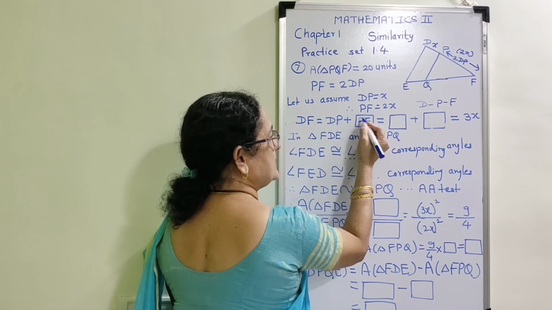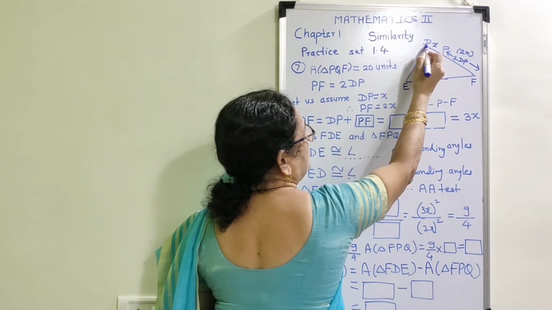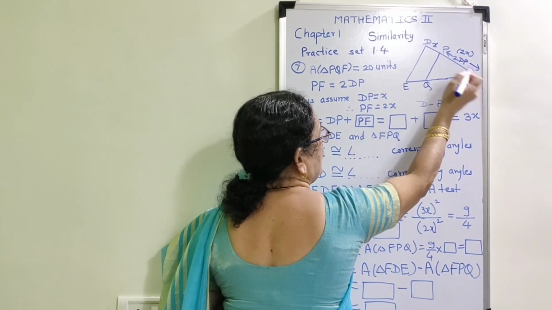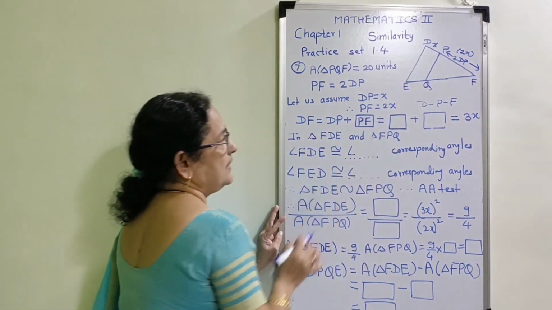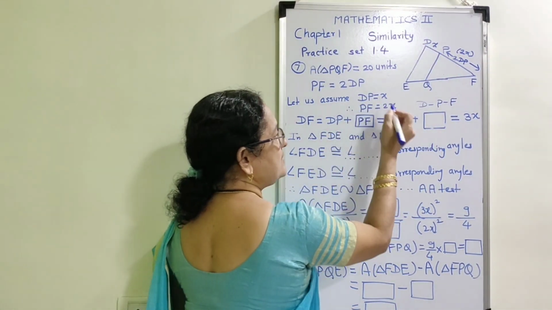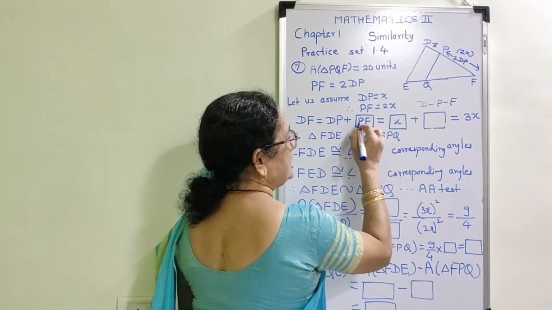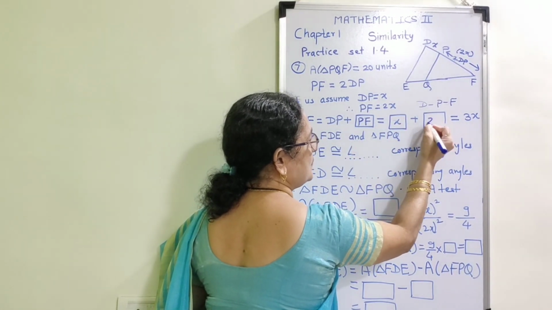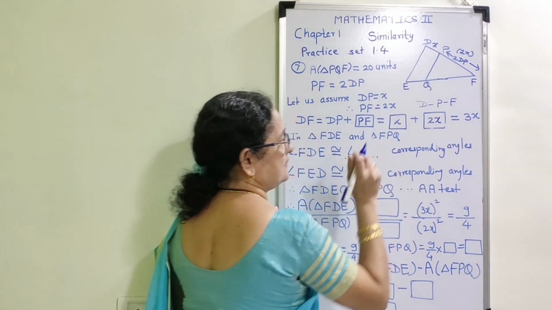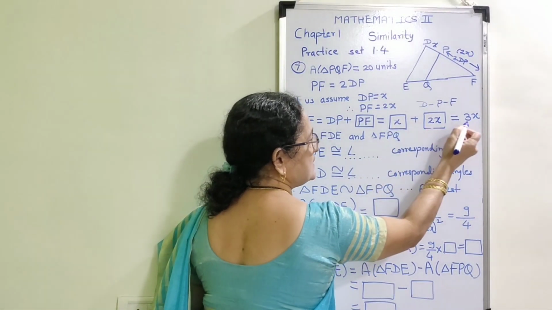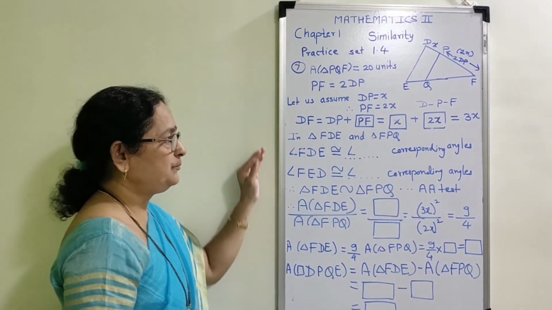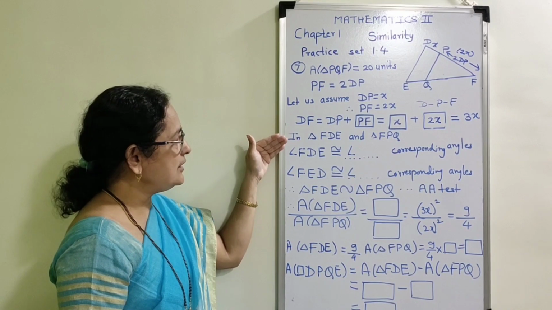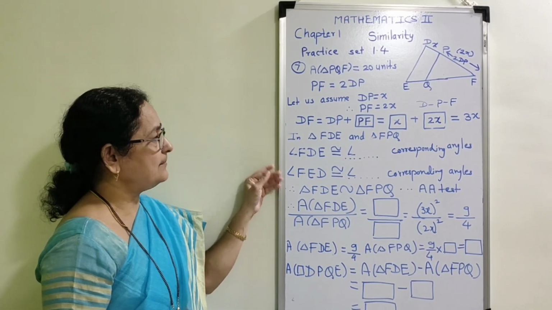Now DP is X and PF is 2X, and X plus 2X is equal to 3X.